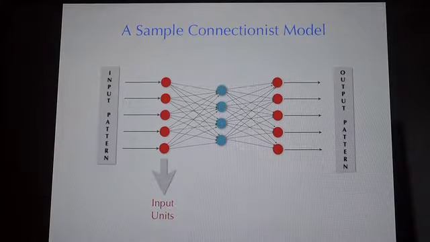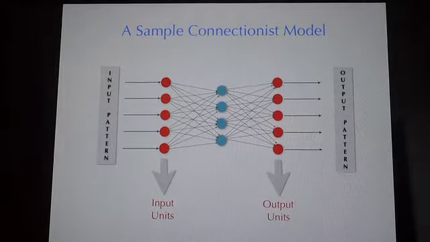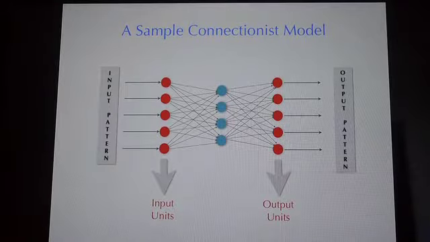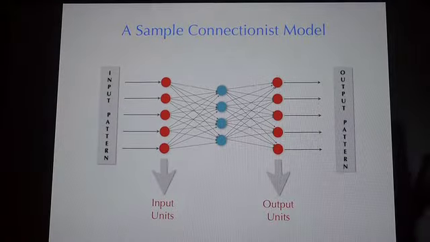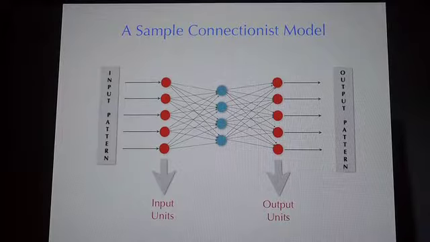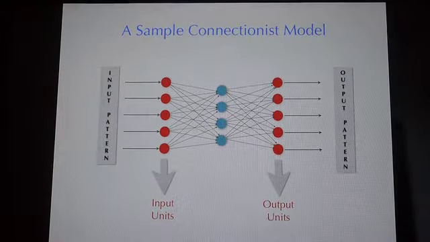Similarly, on the right-hand side, you see another set of red neurons, which are basically the output units. These are the ones that generate the information or signal that's then passed to the outside world. In other words, this is what the behavior or the response of the model is to a certain stimulus.